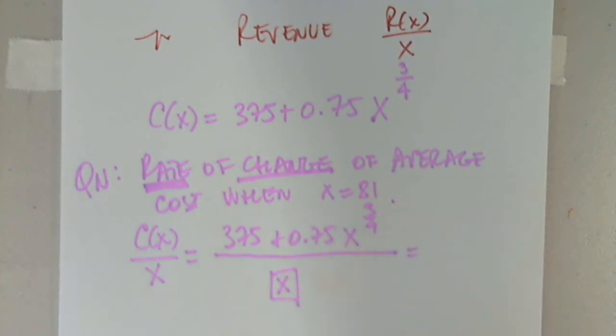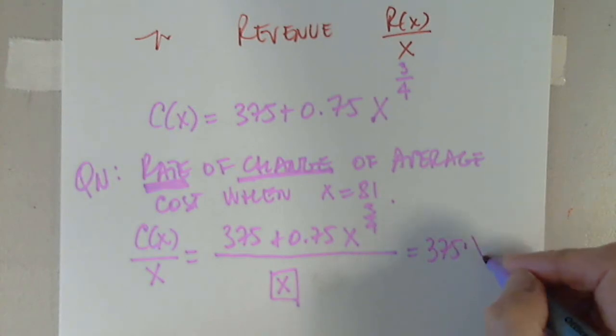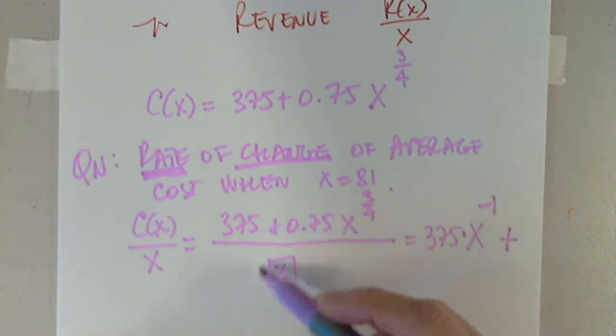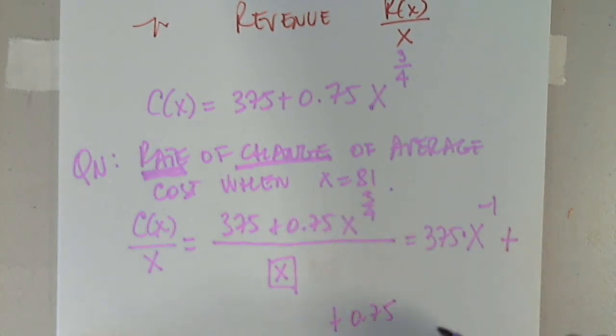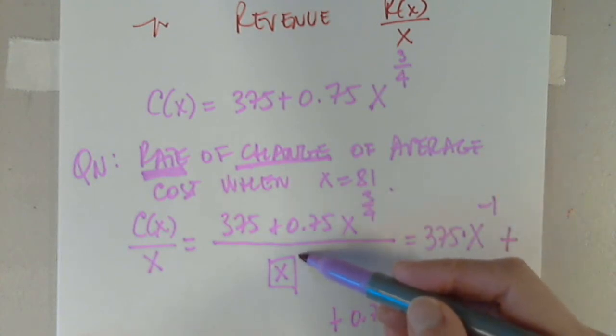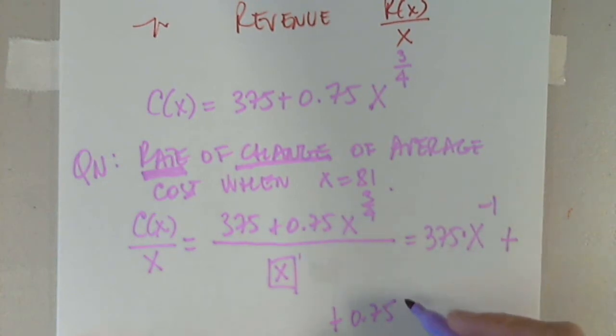One fraction will be 375 over x, or 375 times x to negative 1, plus the second fraction is 0.75, but from 3 over 4 I subtract power 1. So 3 over 4 minus 1 is going to be negative 1 over 4.